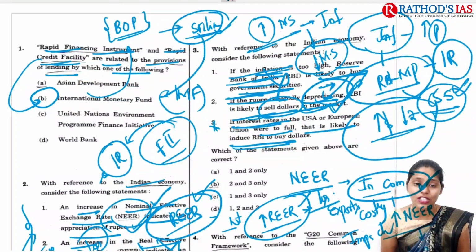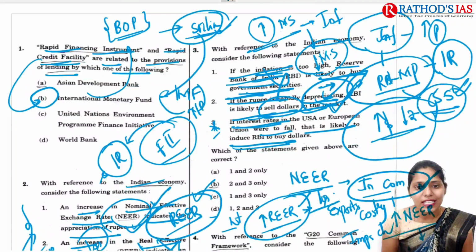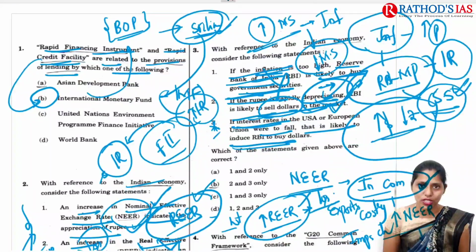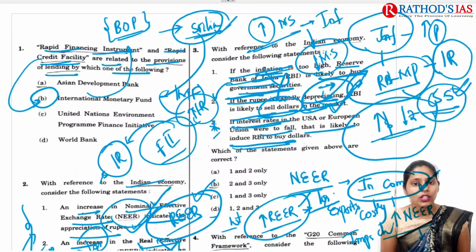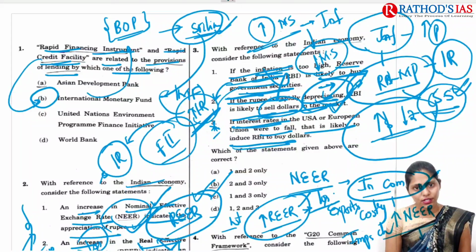We already discussed this topic in our Hindu analysis also. Whenever the interest rate increases in the USA or other countries, the dollar will go towards those countries. They will be leaving India. So at that time, RBI needs to buy these dollars. Yes. So the correct option will be B, 2 and 3.